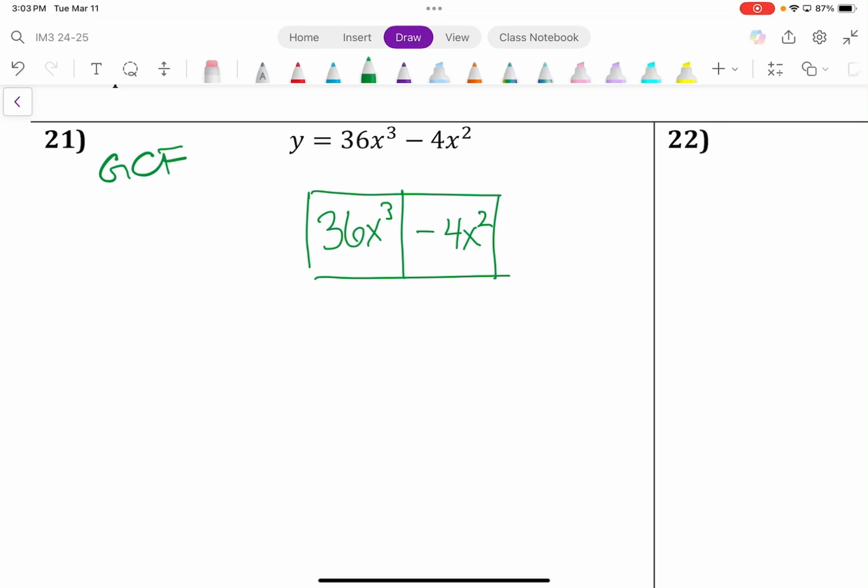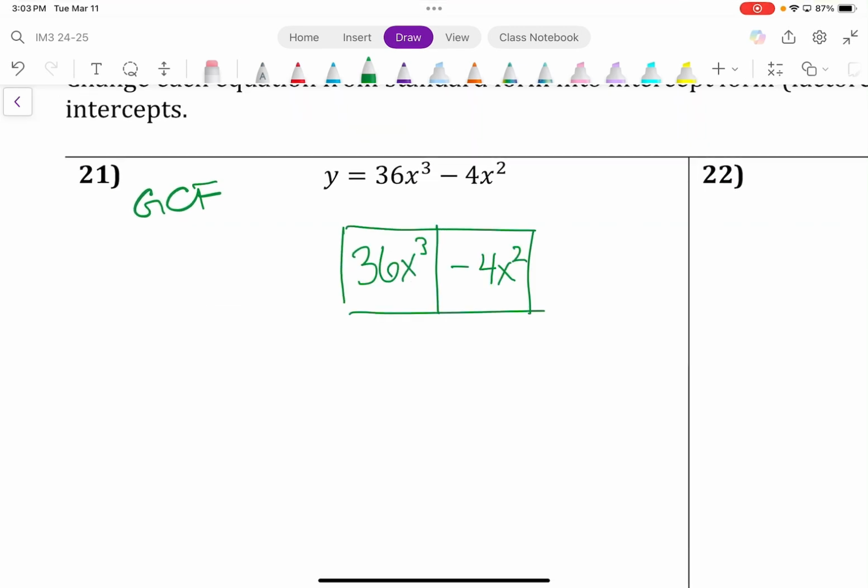And I'm looking for numbers and variables that I can take out from 36x cubed and negative 4x squared. What do you think I can take out from these? What would I write right here? 4. 4 and what else? Think about the variables.